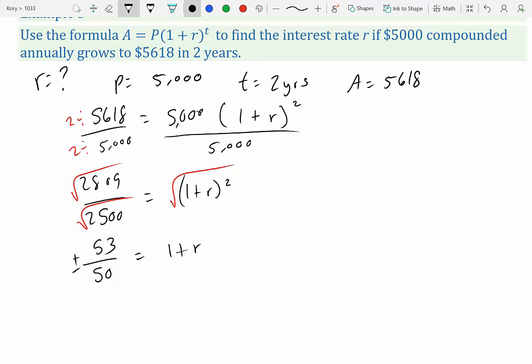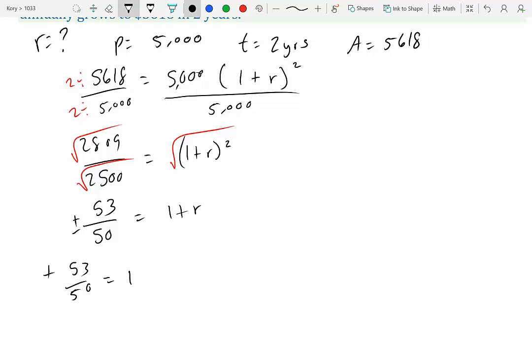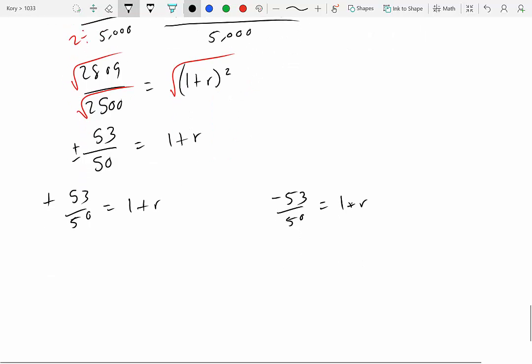So now we have two equations. We have positive 53 over 50 equals 1 plus r, and then we have negative 53 over 50 equals 1 plus r. Now we need to subtract 1 from both sides. So we have 53 over 50 minus 1 over 1 equals r, and the same thing here.